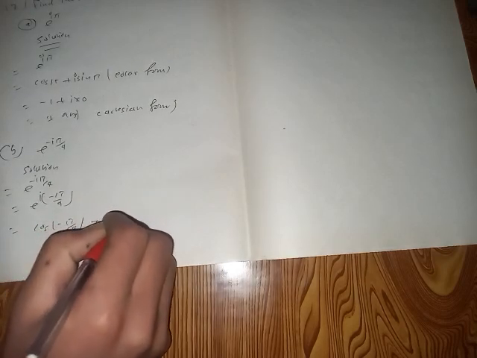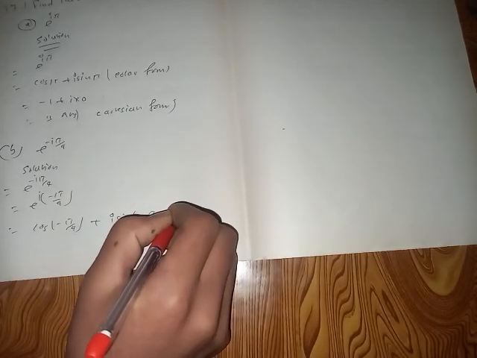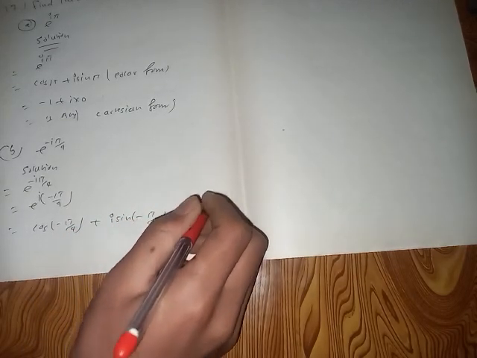Solution: e power minus i pi by 4, that is e power i into minus pi by 4, and then the exponential is changed into the Cartesian and the polar form. The formula is cos(minus pi by 4) plus i sin(minus pi by 4). This is called the polar form.